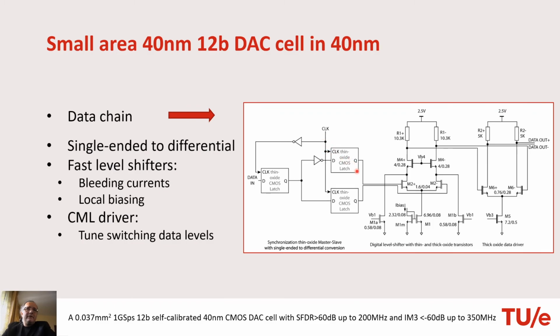After that, this 1-bit signal needs to be translated into the high voltage, 2.5 volts, for the thick oxide transistors. To do this, we use a level shifter. So these levels, plus minus 0.1 volt, will be translated to 2.5 volts and then half range.